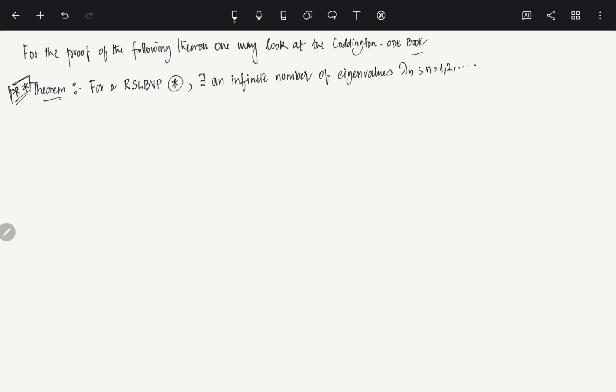And the beautiful part is this. These lambdas, although they are real, are not a continuous spectrum. It's always a discrete spectrum, lambda 1, lambda 2, basically a countable number of values.